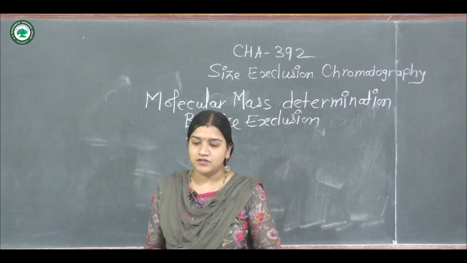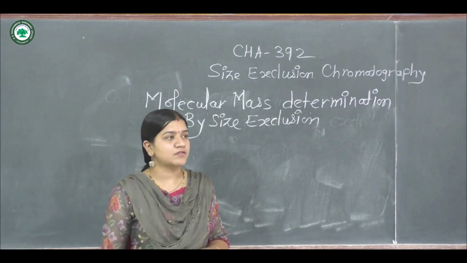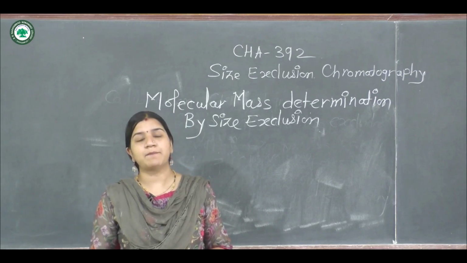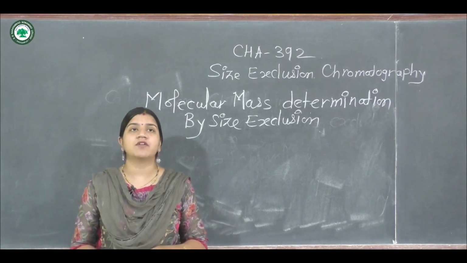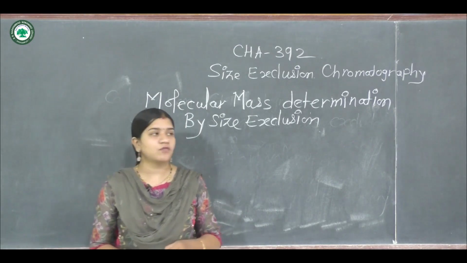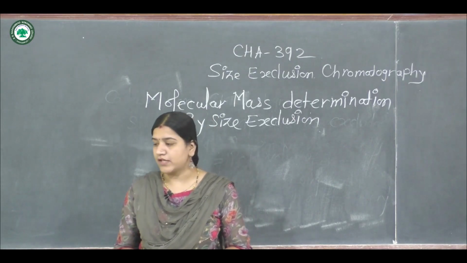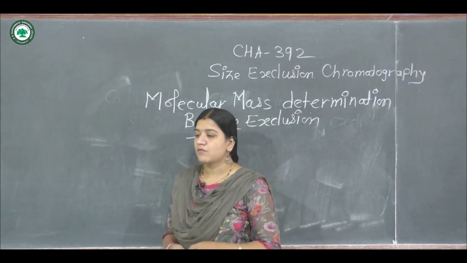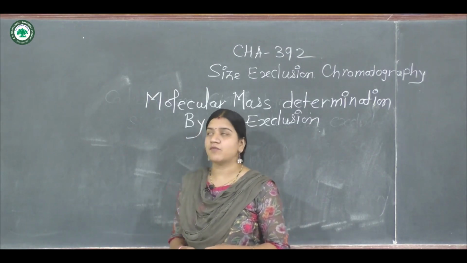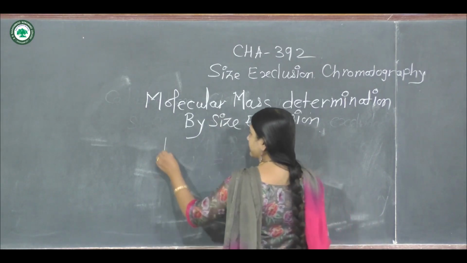Size exclusion chromatography has found its most important application in the determination of molecular weight or molecular mass. For that purpose, an unknown fraction of the substance can be characterized by using the molecular mass distribution of a polymer material.